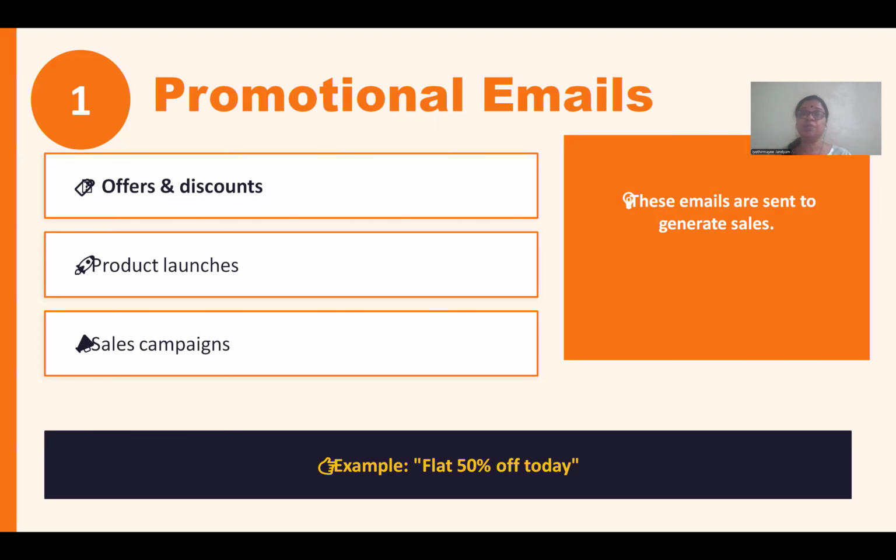Now we will discuss different types of emails and which type of email to be sent to what type of customers. There are four types of emails. Number one is the promotional emails, like we discussed just now. Those emails talk only about offers, discounts, new product launches, and sale campaigns.